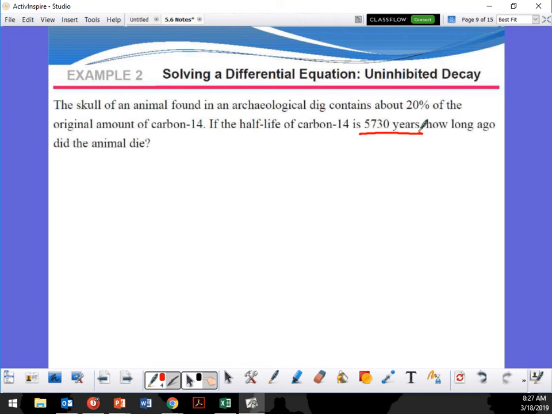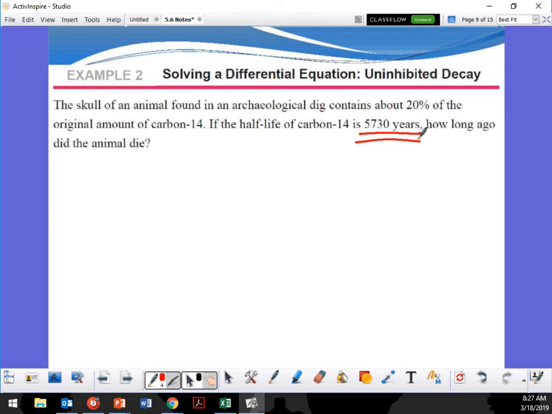Okay, so think about it. Half-life. Wouldn't it be like 2.5 of those? Okay, so think about it. I have how much left? 20%.